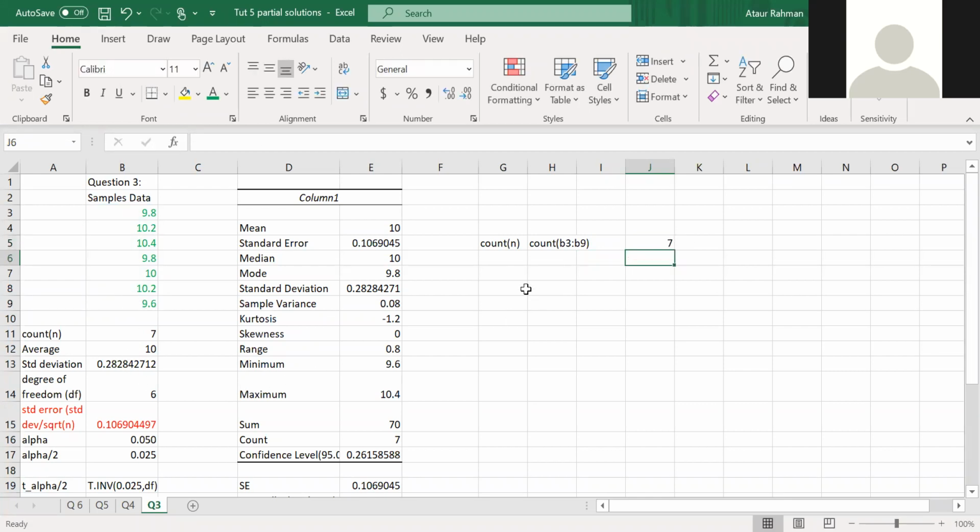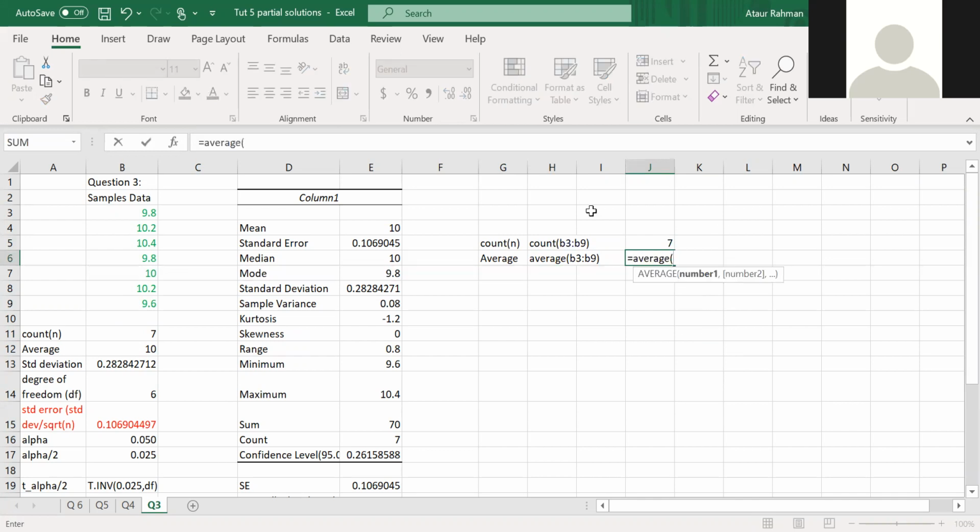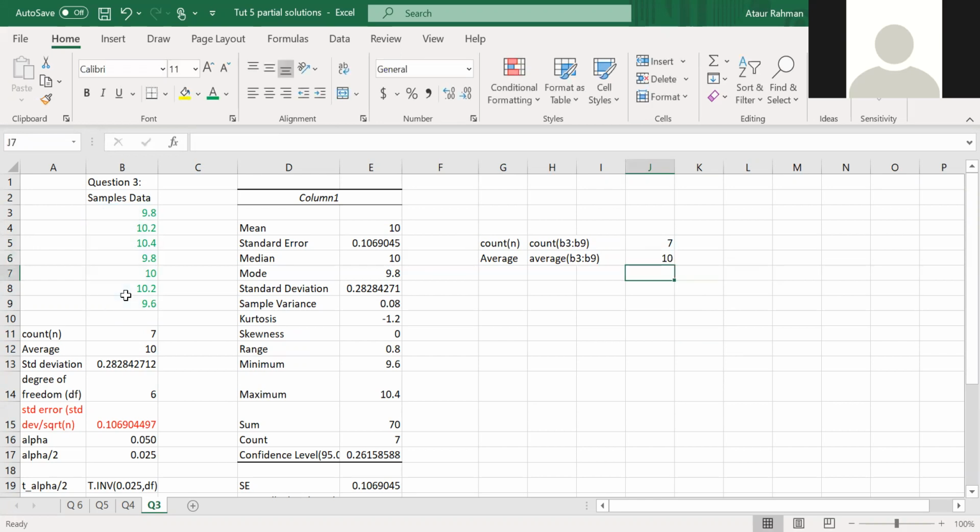So count is 7, and of course we will require the mean. So I'll take the average. Our equation is AVERAGE of B3 to B9. So we write here AVERAGE of this range. So we got the average, we got the count, and we need the standard deviation as well.